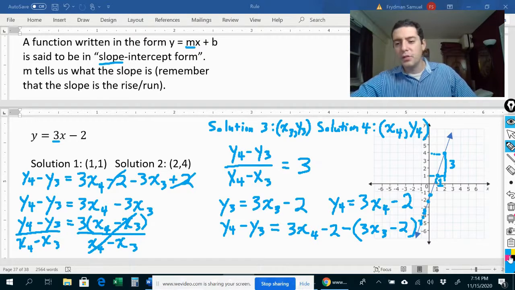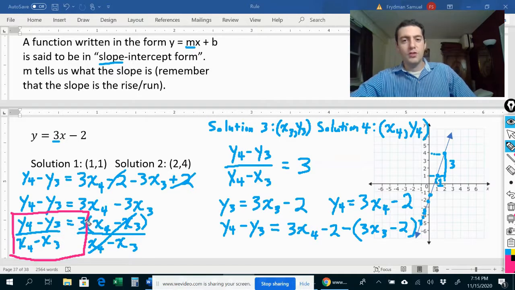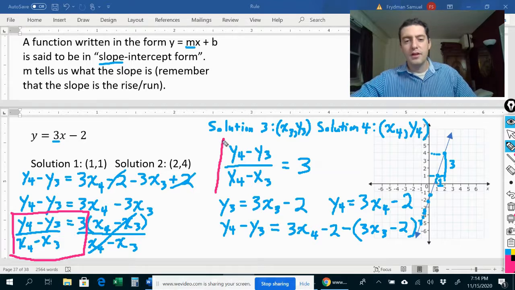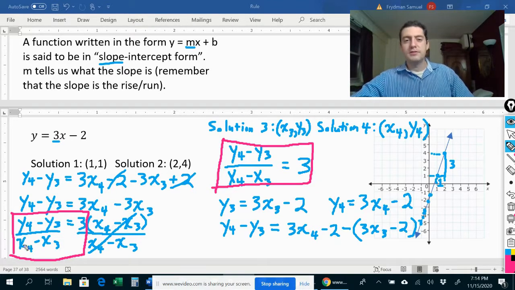And what am I left with? I'm finally left with this: y4 minus y3 divided by x4 minus x3 is equal to 3. Which is exactly what I was looking for. This is what I wanted to prove, and I just proved it.